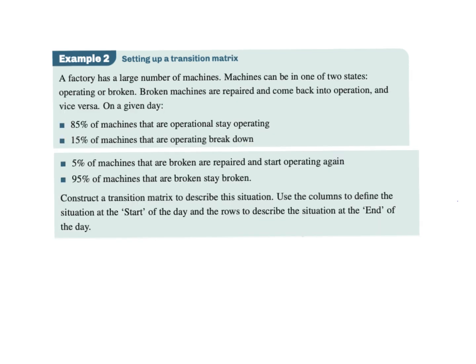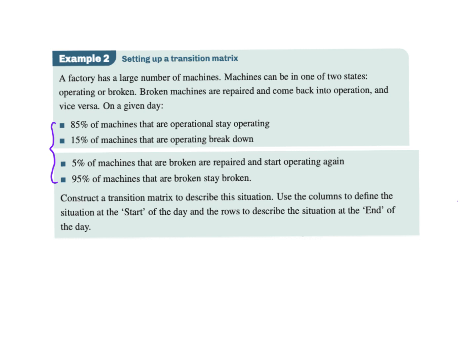Okay, a factory has a large number of machines. Machines can be in 2 states, either operating or broken. Broken machines are repaired and come back into operation, or vice versa, on a given day. So 85% of the machines that are operating stay operating, and then they're giving you all this data here. Then it says construct a transition matrix.